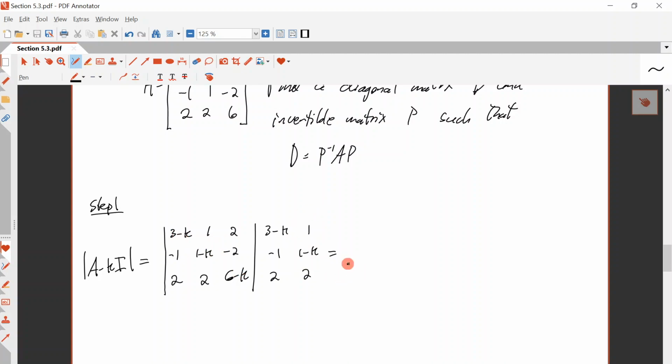This is going to be 3 minus k times the minor, minus 4 times 1 minus k, and then plus 4 times 3 minus k, and then plus 6 minus k.